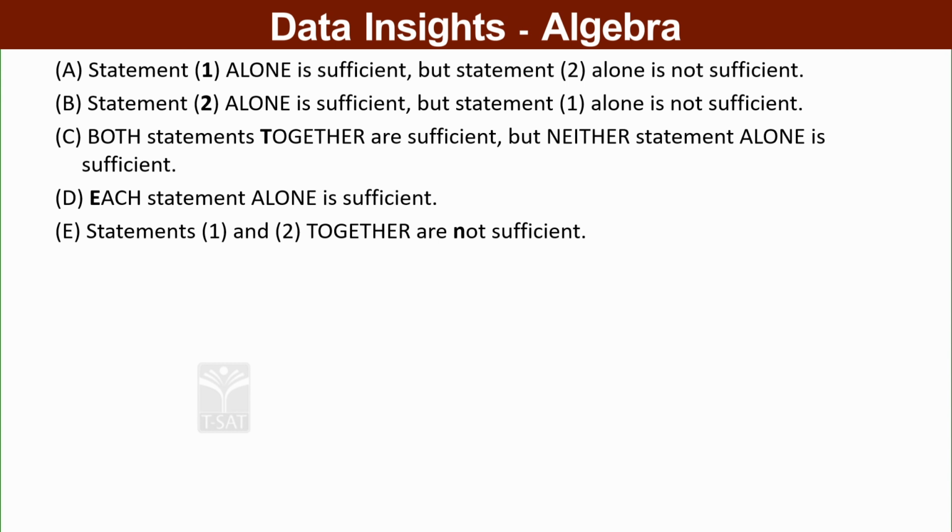Option C says both statements together are sufficient, but neither statement alone is sufficient. So when the information given in the 2 statements together is sufficient, but alone neither statement gives sufficient information, then you mark your answer as option C.